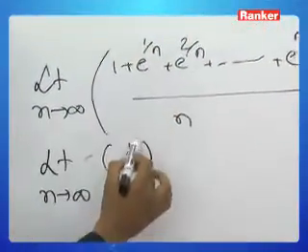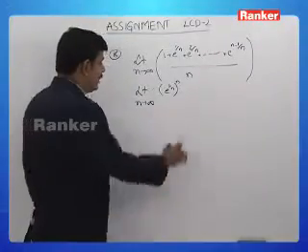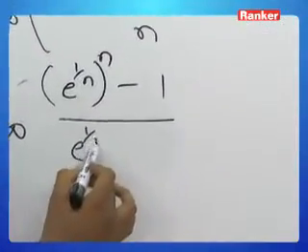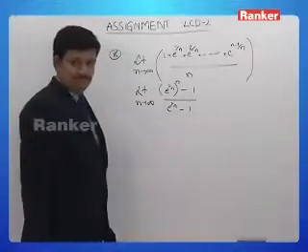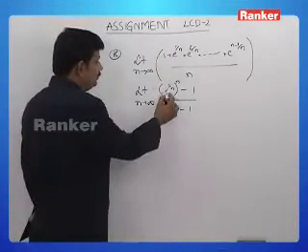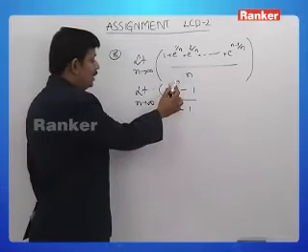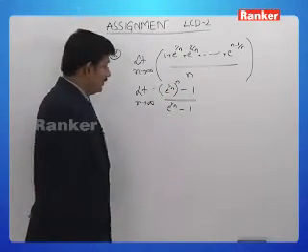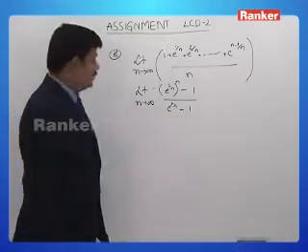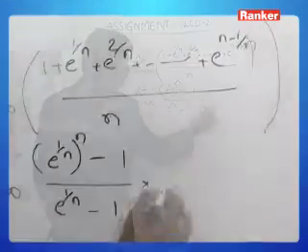Power, the number of terms, is n. So, numerator it is equal to e power 1 by n whole power n minus 1, divided by r minus 1, which is e power 1 by n minus 1, and we also have this 1 by n.